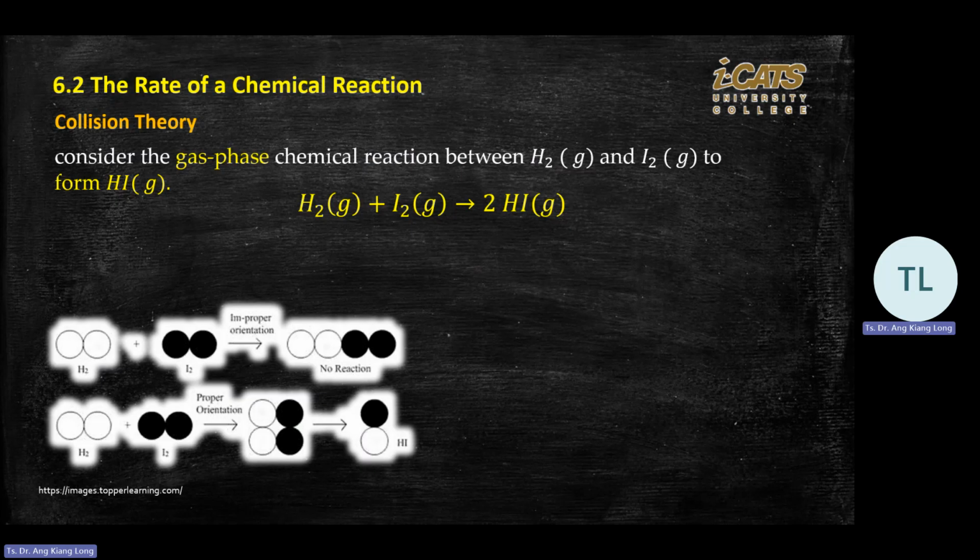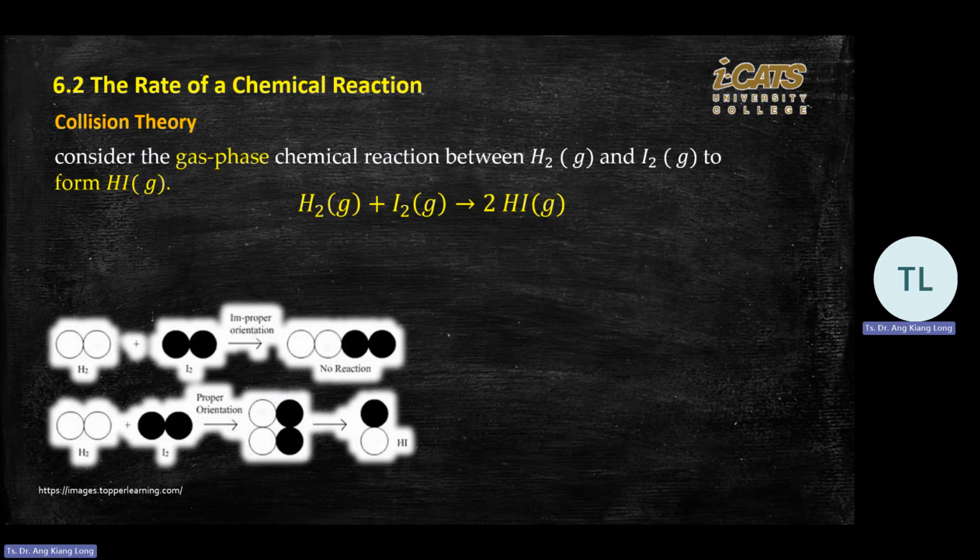So first step, what do you write? You write, consider the gas phase chemical reaction between gas A and gas B to form gas C. This one you copy from the question. Then you write the chemical reaction. Only one-way arrow.